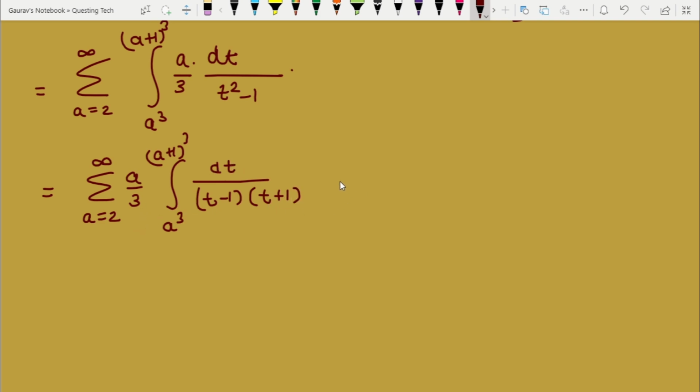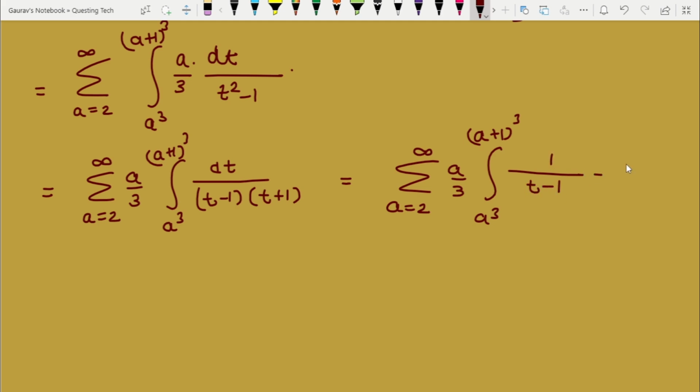Here we have dt. Now what we are going to do, can we write this t minus 1 multiplied by t plus 1 as 1 over t minus 1 minus 1 over t plus 1? Can we write this?